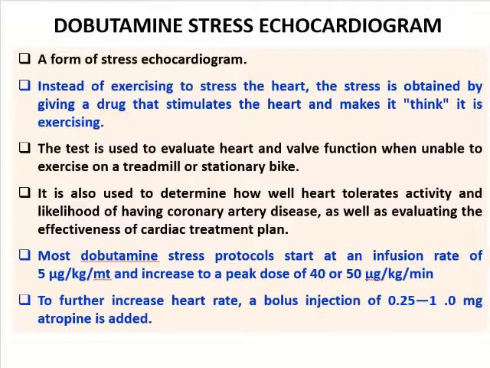Further, to increase the heart rate, a bolus injection of 0.25 to 1 milligram of atropine is also added. So this type of echo shows the efficient working capability of a heart even when a person can't move from his position.